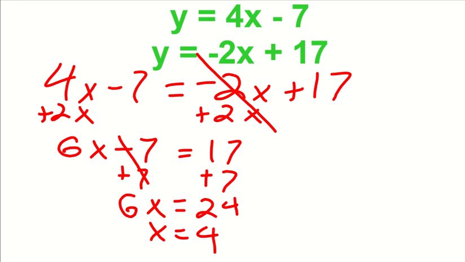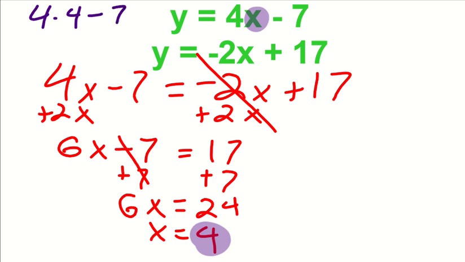To get the y value then, we pick one of the two equations, and we put our x value in for x. I'm using the first one because the second one's got a negative number, and the first one looks easier to work with, right? So when we do that, that gives me 4 times 4, because x was 4, minus 7.